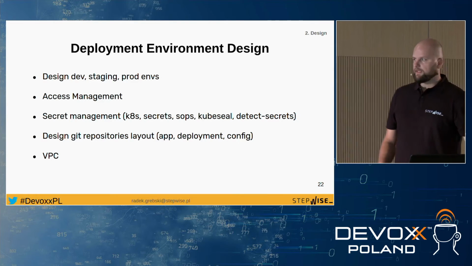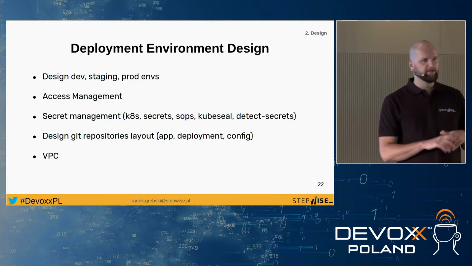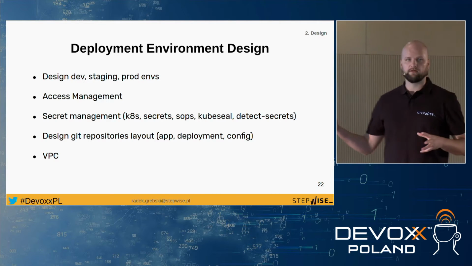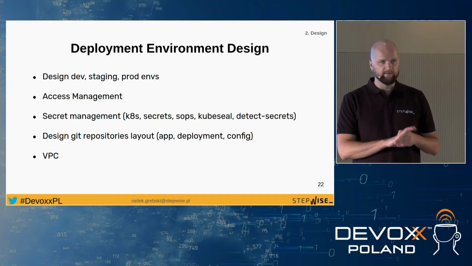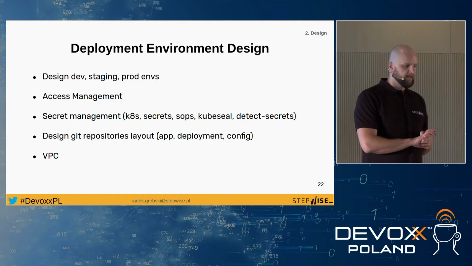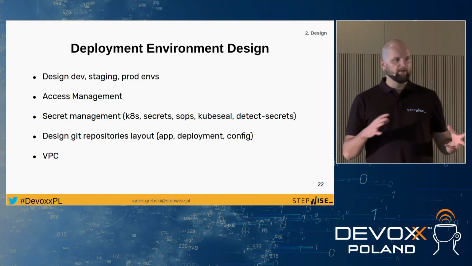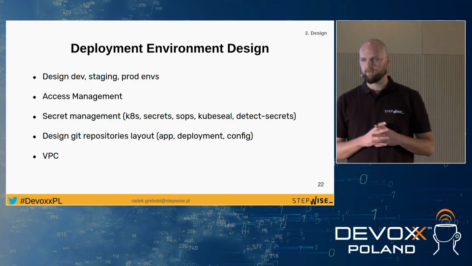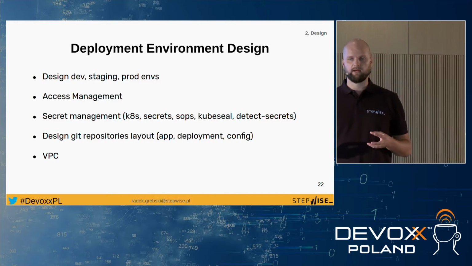And we should design Git repositories. What we do at Stepwise very often is, for a single application, we have 3 repositories. One is for a code base, for the application itself, where simply developers have access. Then we have, let's call it the deployment repository, where we have a Helm chart for our application.